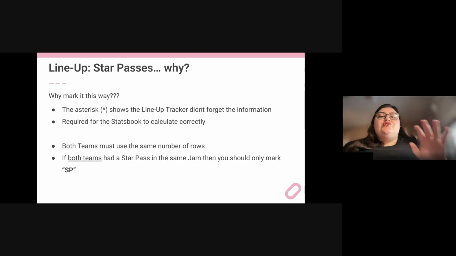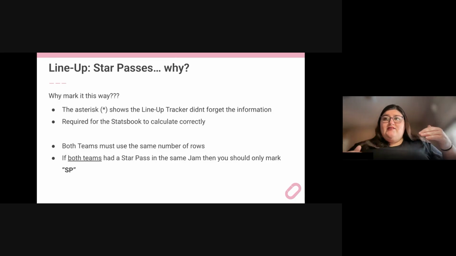So the asterisk shows that the lineup tracker didn't forget the information and saw that they were tracking it. It is required for the stats book to be calculated correctly. The stats book is this massive Excel file that has a lot of different calculations. So both paperwork of the lineup trackers have to equal, like the lines have to match up.